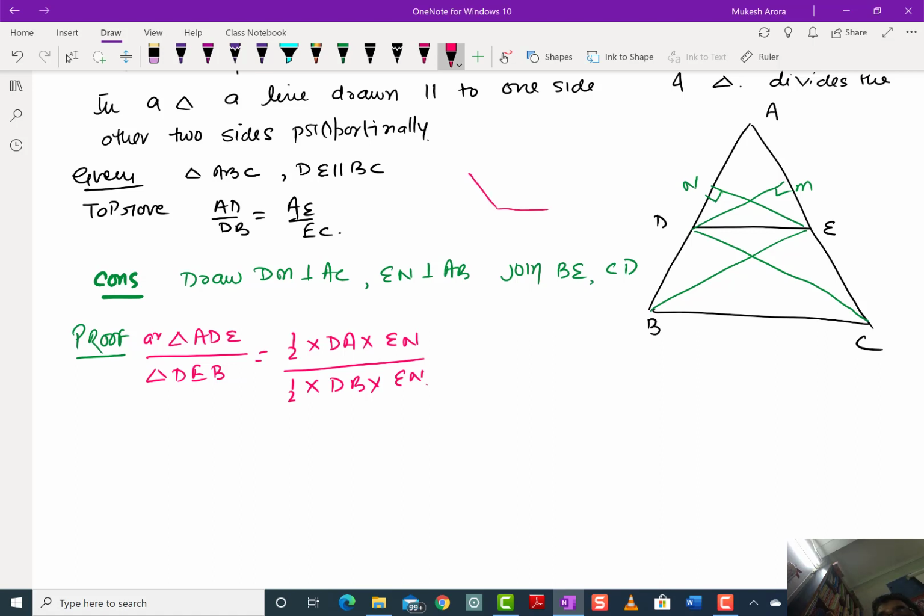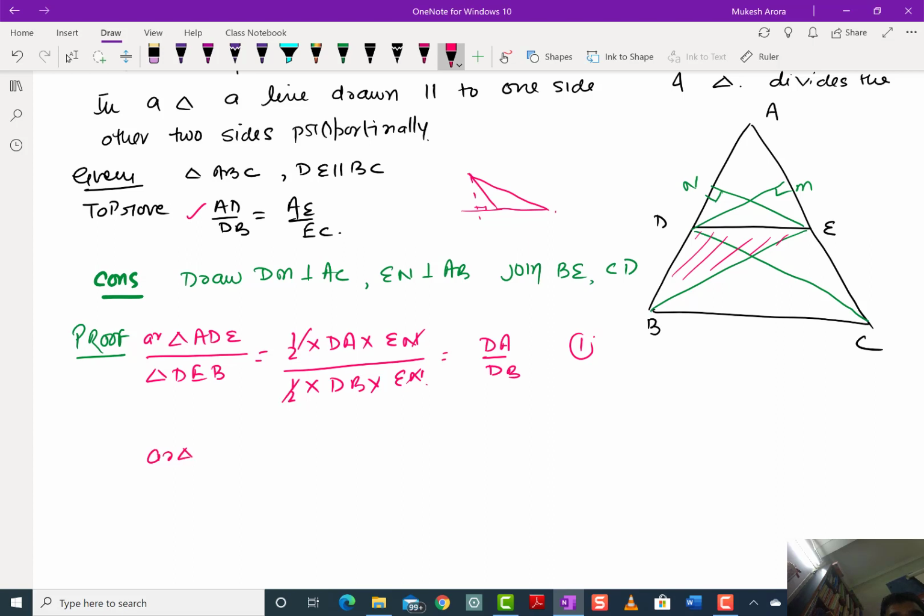In an obtuse triangle, the perpendicular lies outside. So this is an obtuse angle triangle, the perpendicular is outside. This is cancelled, this is cancelled, this is DA upon DB. If you see, this is the first side.